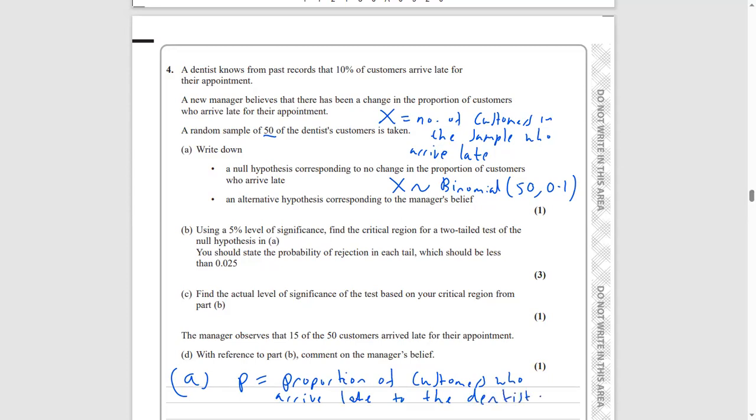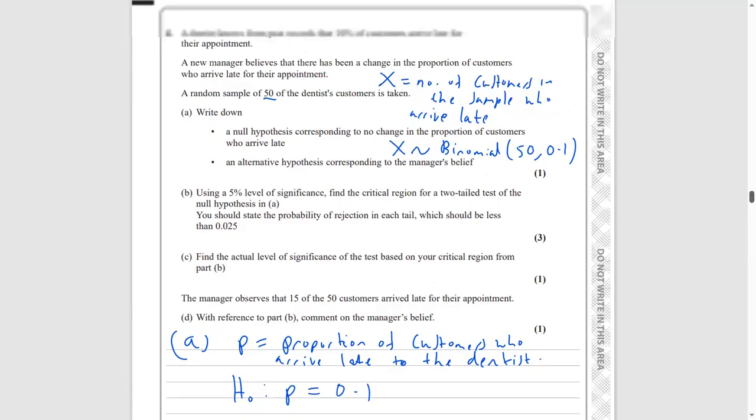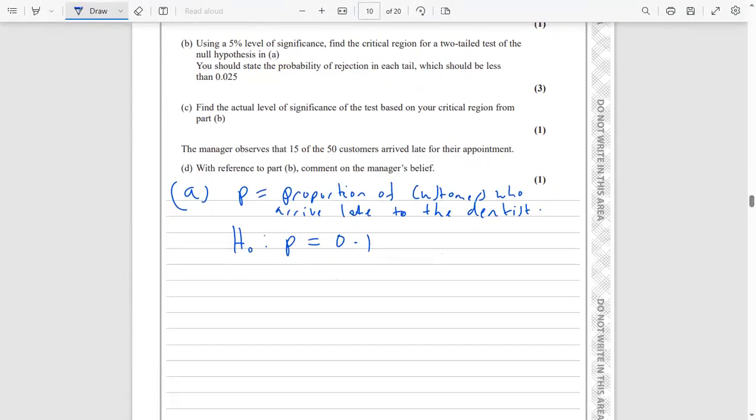So our H0 is going to be P equals 0.1. Our null hypothesis is the initial previous belief, from what the data showed before, that 10% of customers arrive late, so 0.1 as a proportion.